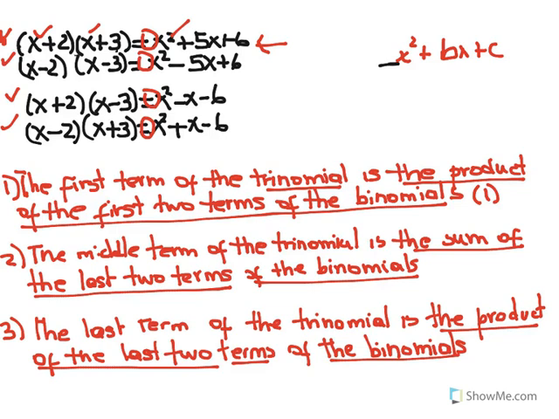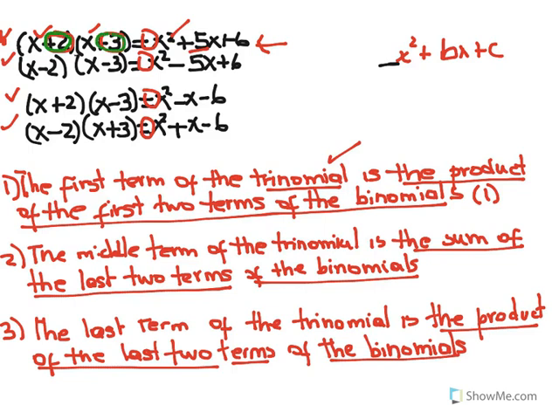Okay, so we are finished with the first term of the trinomial. Now let's look at the second term of the trinomial. In this case, we have here a 5. To get to 5, I can see that if I add 2 plus 3, I get a 5. Let me use another color so you guys can see it. 2 plus 3, I get a 5.